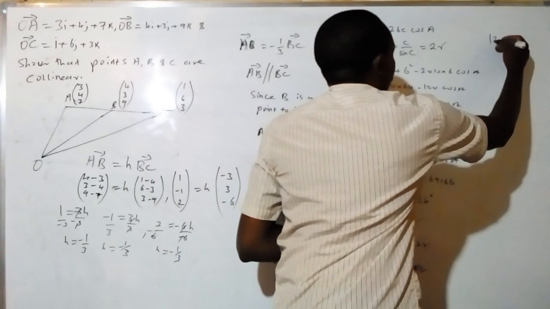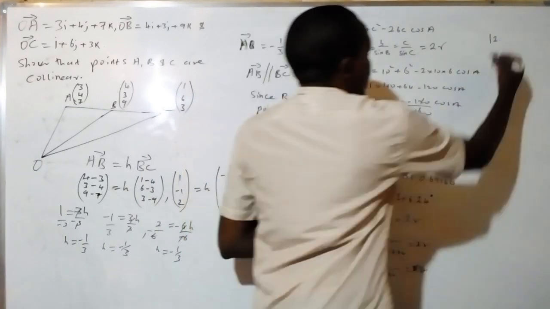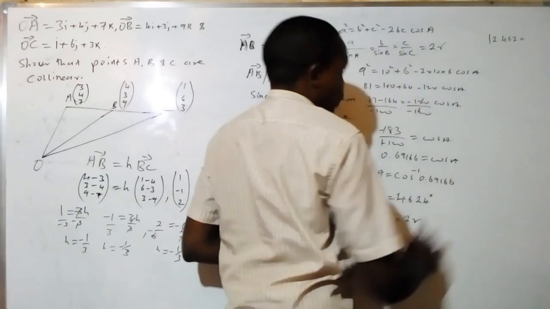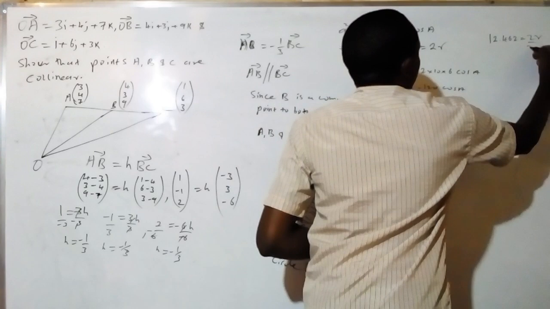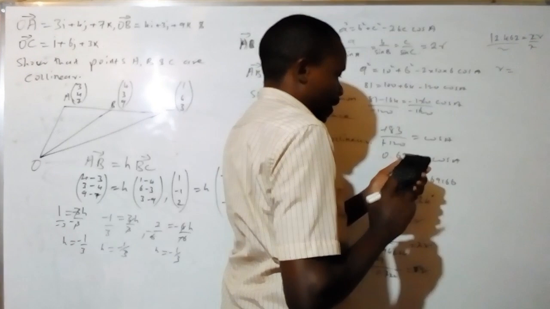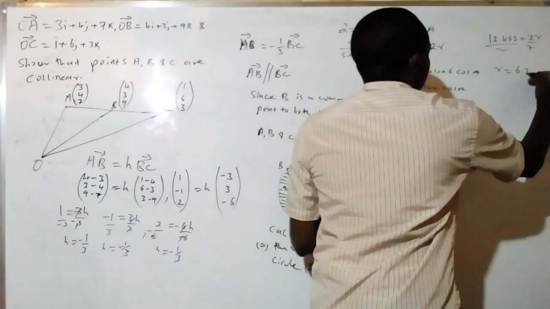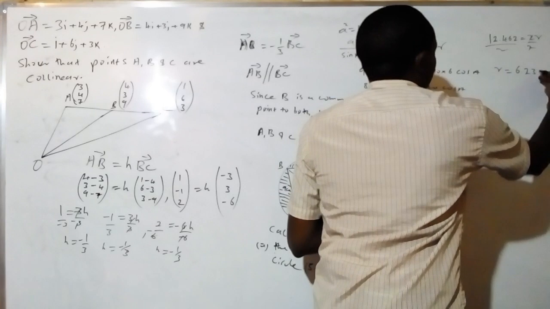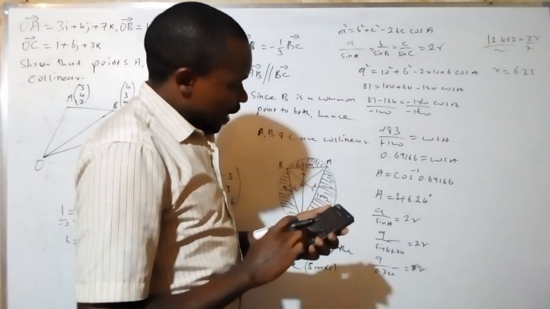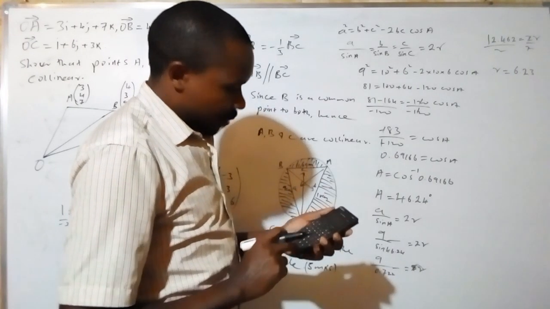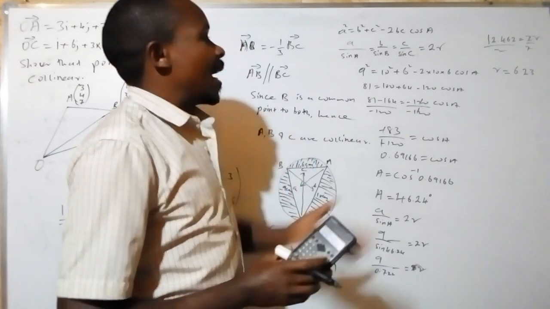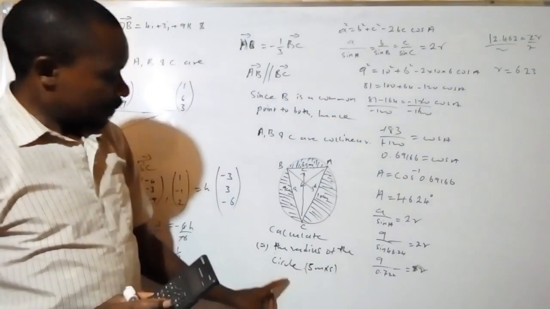Divide by 2 and R is 6.23. That is the value of R. Those are 5 marks.